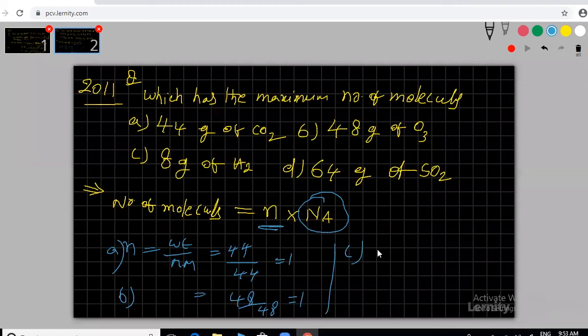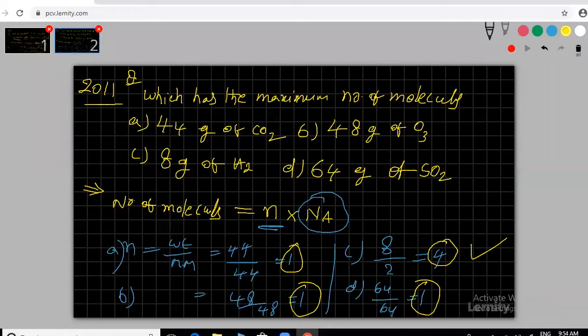Option C, 8 by 2, that is 4. Option D, 64 by 64, 1. So which one has the highest number of moles? 4. Highest the number of moles, higher the molecules.